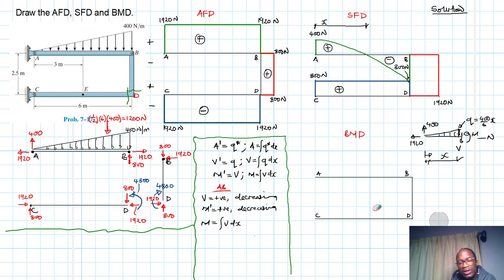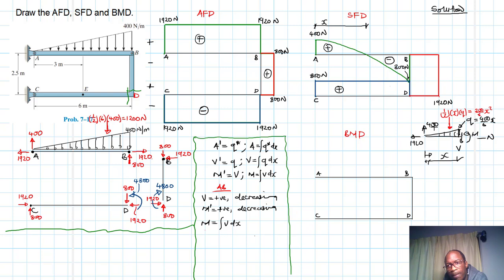So you'll have a function like this, and then you need to find an equivalent force, which is just half times x times q. When you multiply this, it gives you 200 divided by 6, then x squared, because x will cancel there, 200, and x squared.